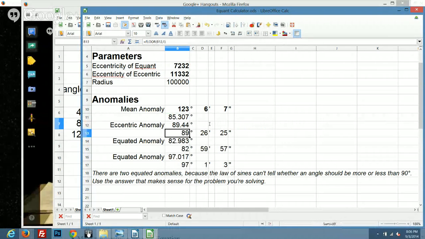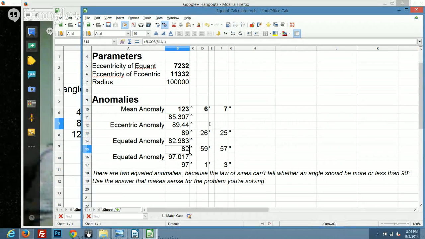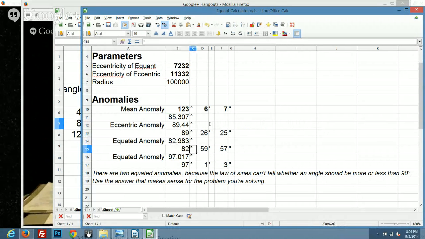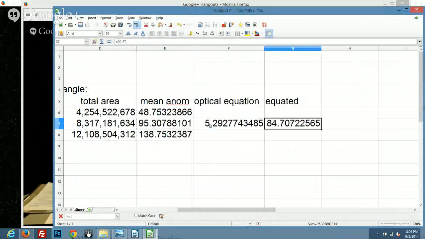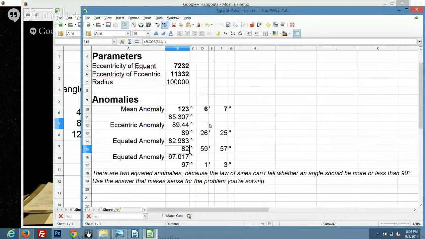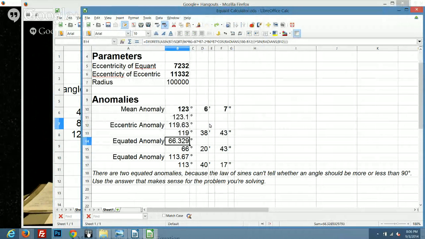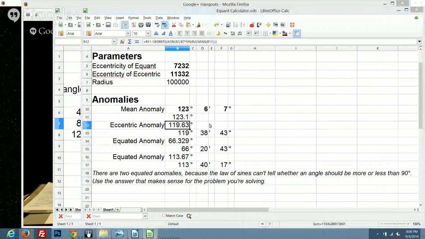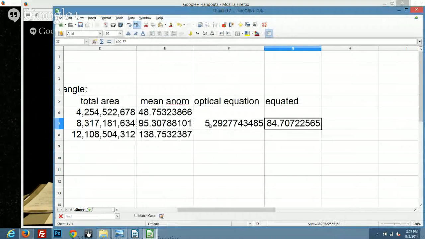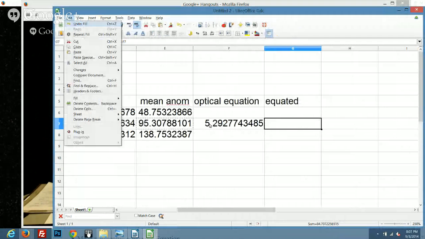Okay, there we go. Typical math error. So this came out to 83 degrees. This was 84.7 degrees. Okay, obviously there's a mistake here in what I did. Well, back to the drawing board, I guess.